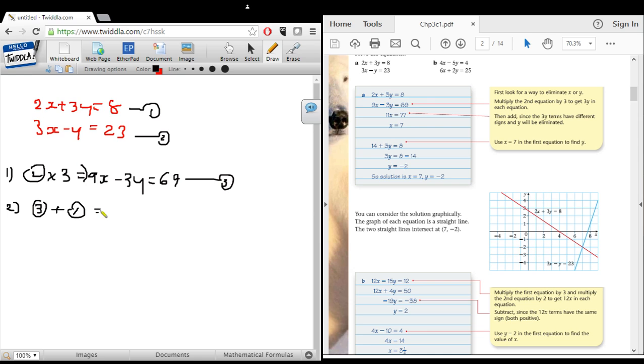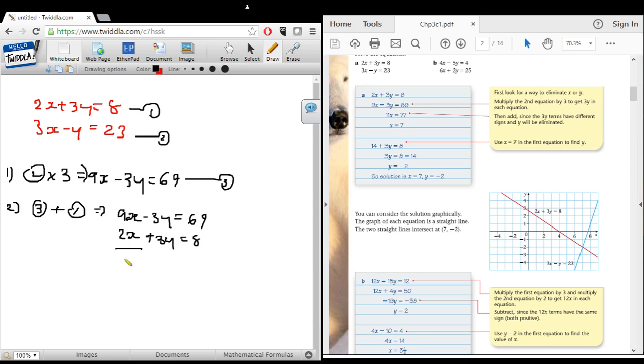So we now have 9x minus 3y equals 69, and then underneath it, like a subtraction, we put 2x plus 3y equals 8.